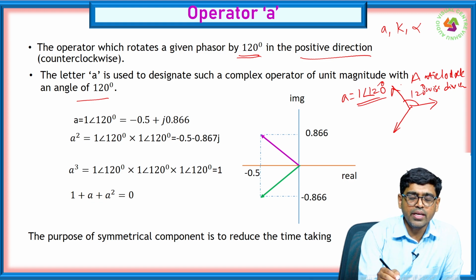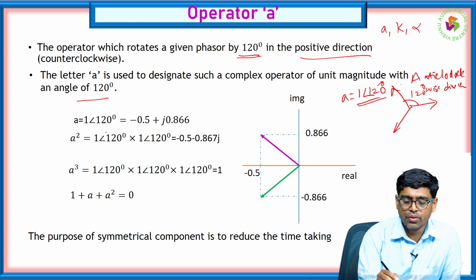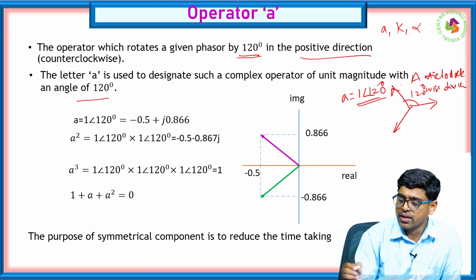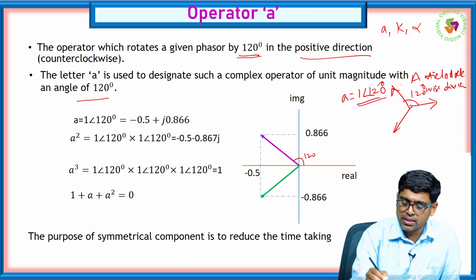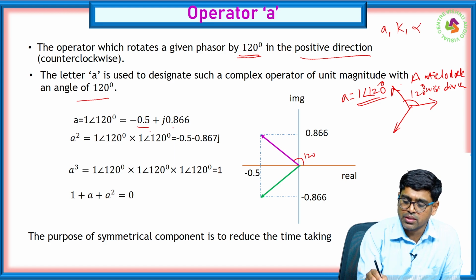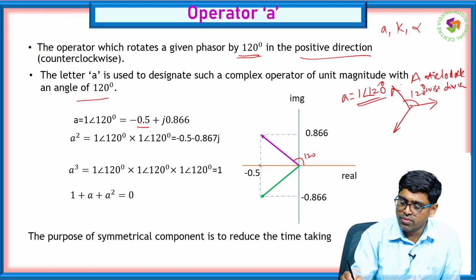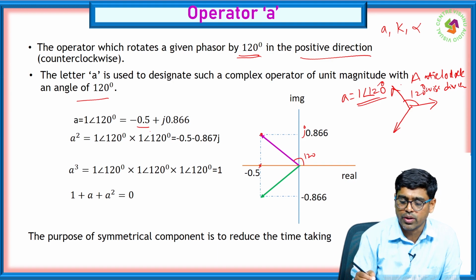So A is nothing but 1 at an angle of 120, and that we write as minus 0.5 plus j 0.866. Minus 0.5 on the x-axis and plus j 0.866 on the imaginary axis, so we get this point.